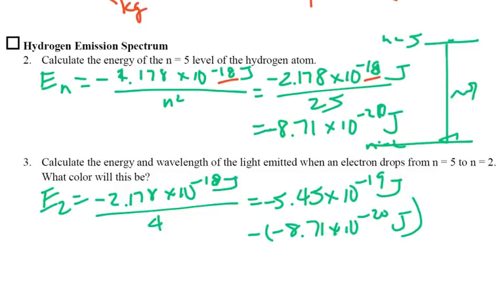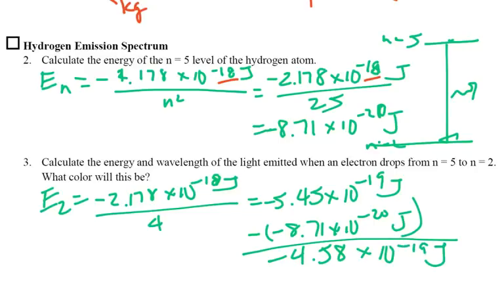That comes out to negative 4.579, so I'm going to make it negative 4.58 times 10 to the negative 19th joules. I just subtract those two values and I get that energy. That's one of the values.